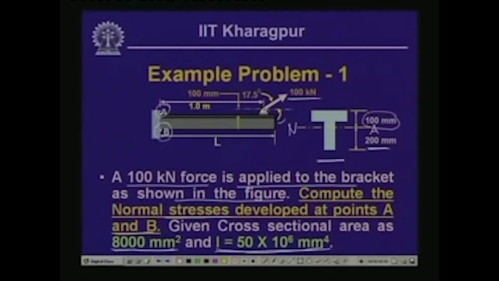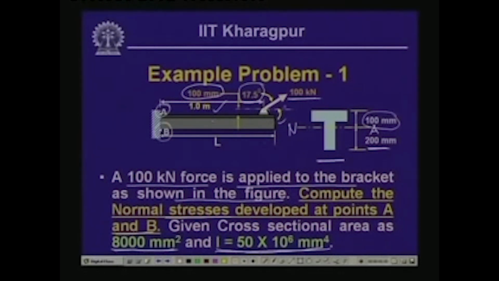The force is inclined at an angle of 17.5 degree with respect to the horizontal, and the position of the load acting on the bracket is at a distance of 100 millimeter from the top surface of the beam, and the position of this bracket from this end is 1 meter.